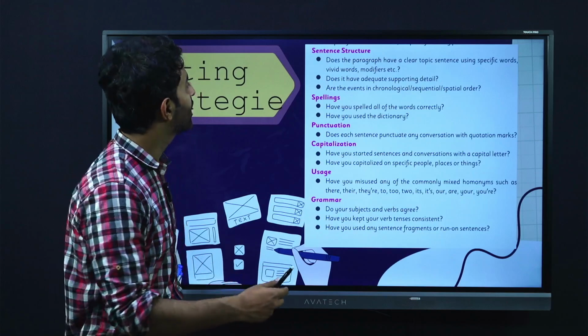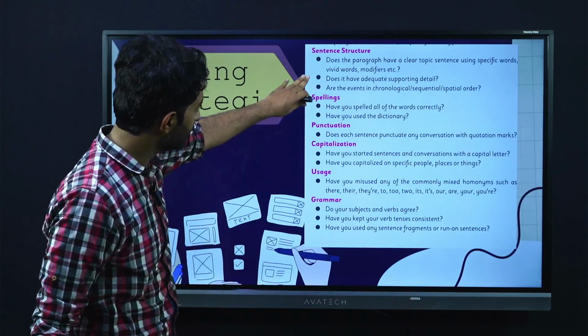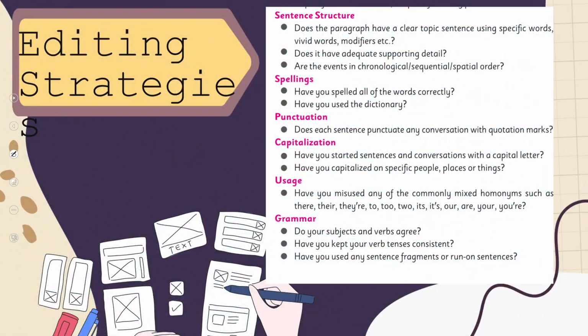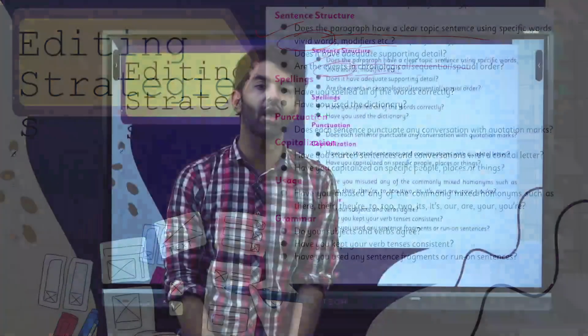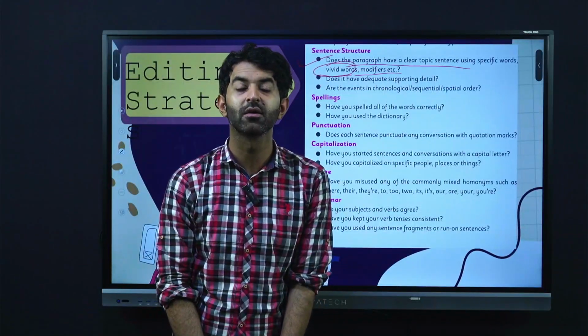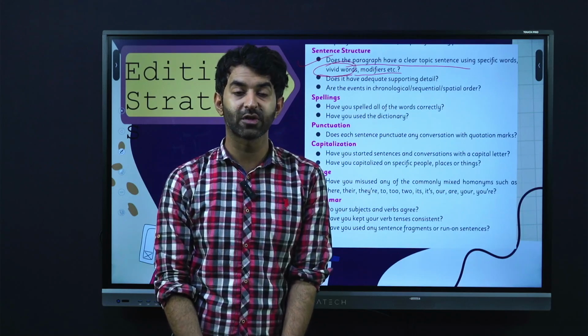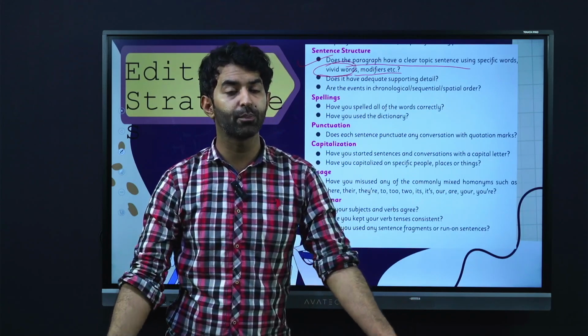All right. Thank you. Now, first, we will see that the paragraph has a clear topic sentence using specific vivid words and modifiers. You know that the first sentence of the paragraph that we are writing is called the topic sentence, and it shows our main idea of that paragraph.